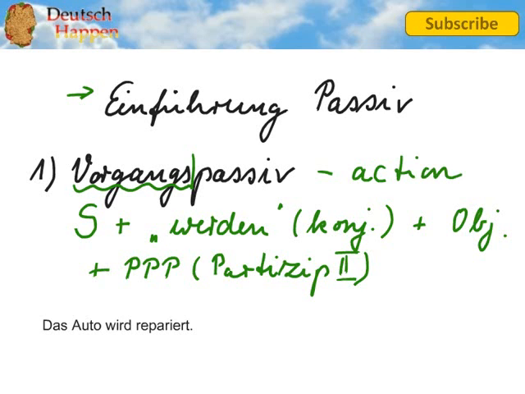So down here we have the rule how to actually form this Vorgangspassiv. So we start with a subject. The abbreviation I chose is obviously S. Then plus werden in a conjugated form. Depending on which passive you want to choose, you would either conjugate the present tense, simple past, past perfect, and maybe even future, and so on.